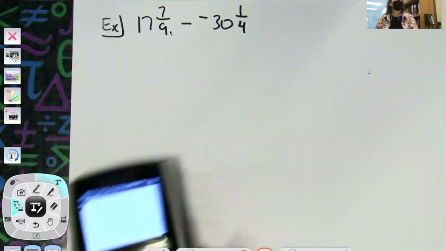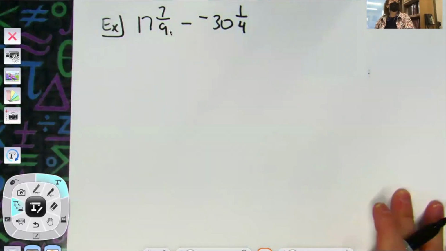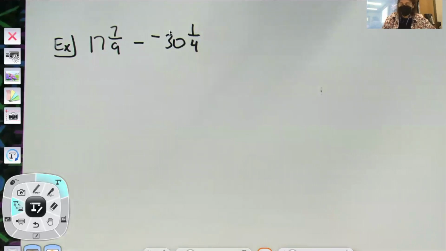The minus sign and the negative sign are two different buttons. The negative sign is down there to the left of the enter. It's in the bottom right-hand corner of the calculator. So make sure you are in the right spot.